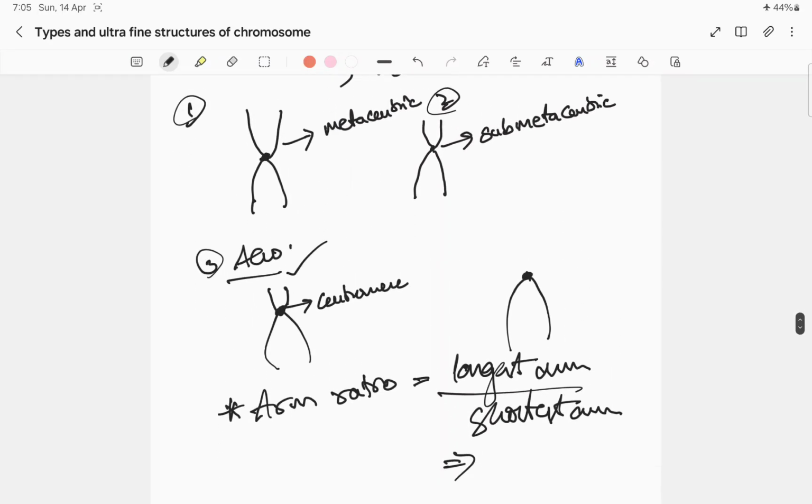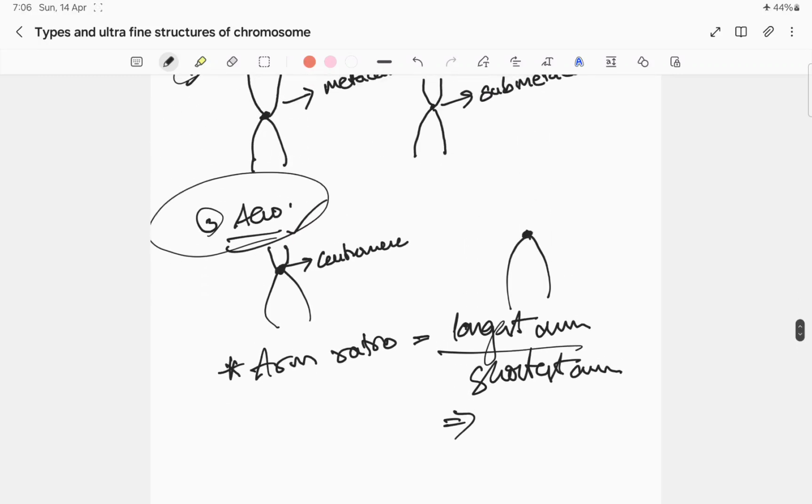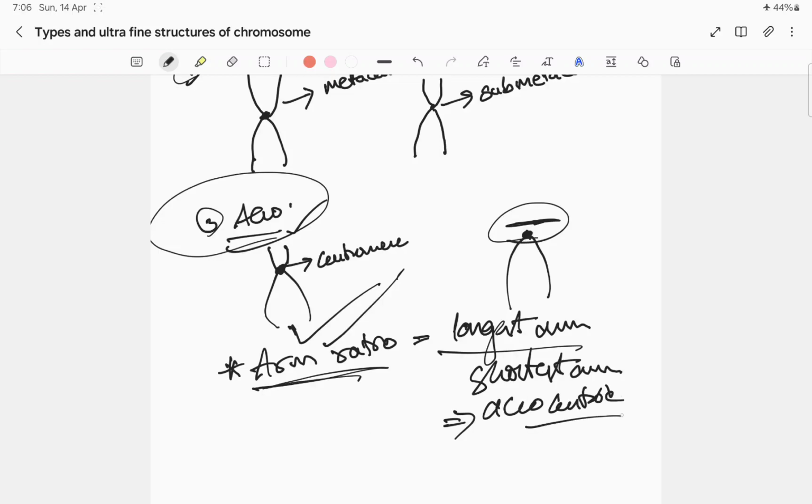This arm ratio will be highest in the acrocentric chromosome, not in the telocentric chromosome, because in the telocentric chromosome the short arm is not at all present. That's why we take it that arm ratio is highest in the acrocentric chromosome. Just remember this one.